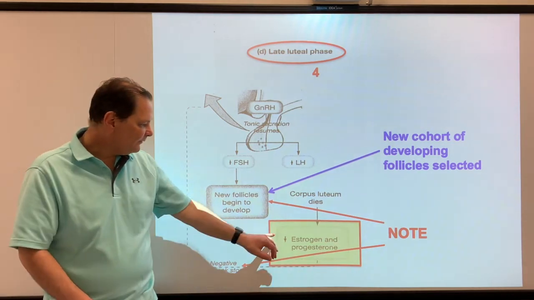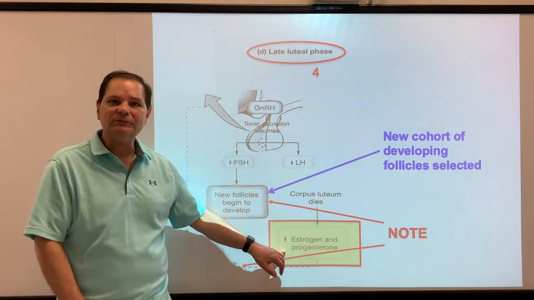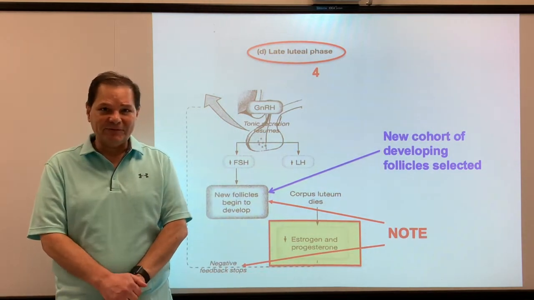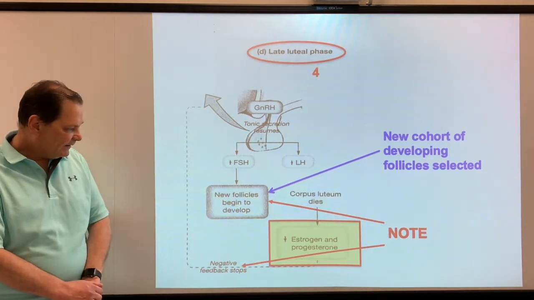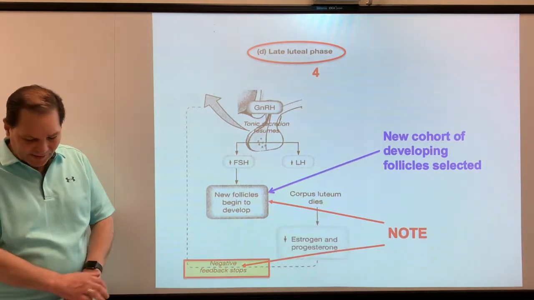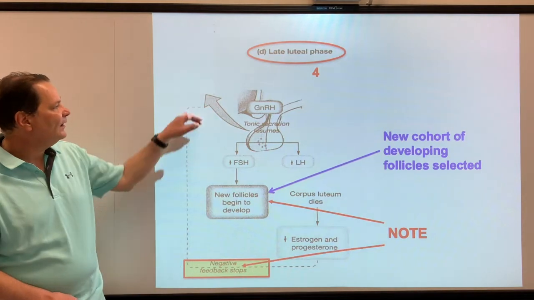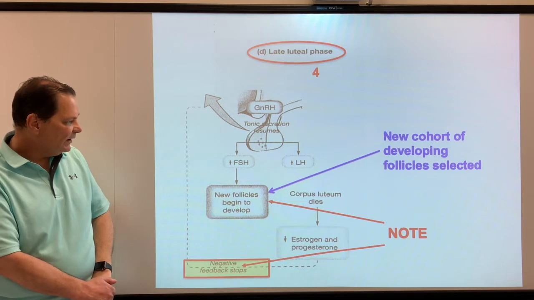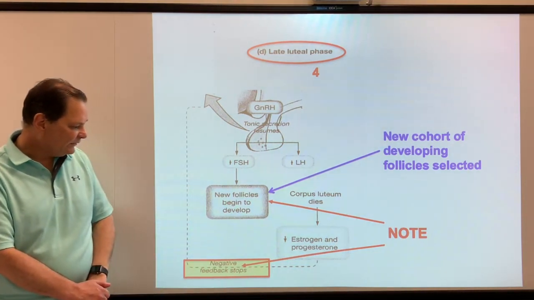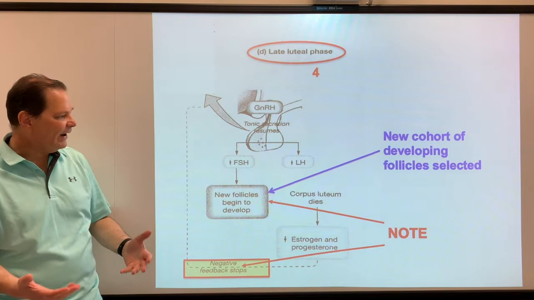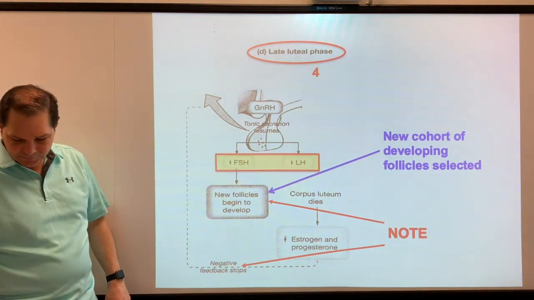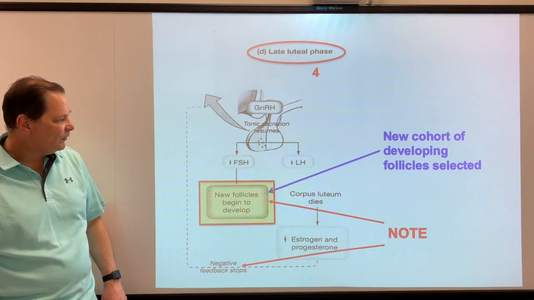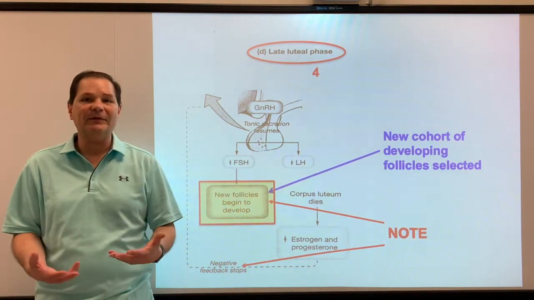We have a fall in estrogen and progesterone, primarily progesterone at the end of this phase, and because of that, the negative feedback on the release of FSH and LH stops, and so we have our FSH and LH coming back up, and our new follicle begins to develop at the beginning of the next follicular phase.